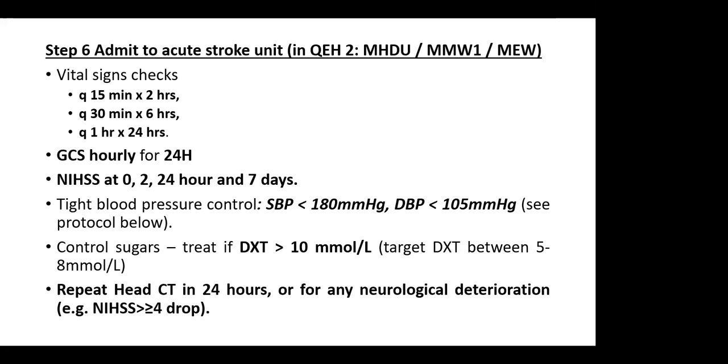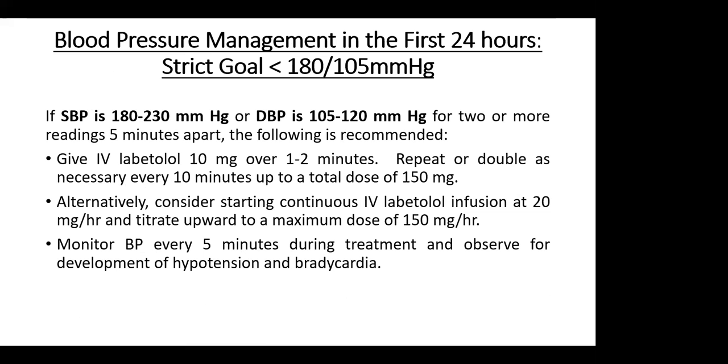All right, so if the patient develops any neurological deterioration, any new onset of neurology as compared to the point of contact, or if the NIHSS drops by 4 or more, we should suspect hemorrhage, basically any intracranial hemorrhage.